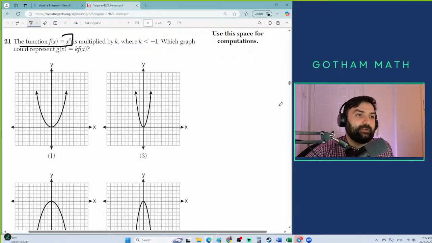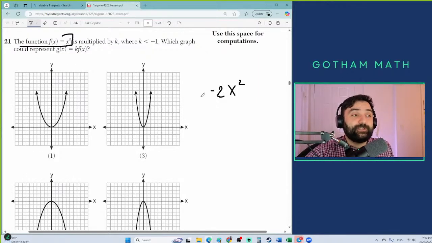So basically, x squared multiplied by a negative number less than -1. So let's say like -2 or -3. What happens to a quadratic function that's being multiplied by a higher coefficient, but at the same time negative?